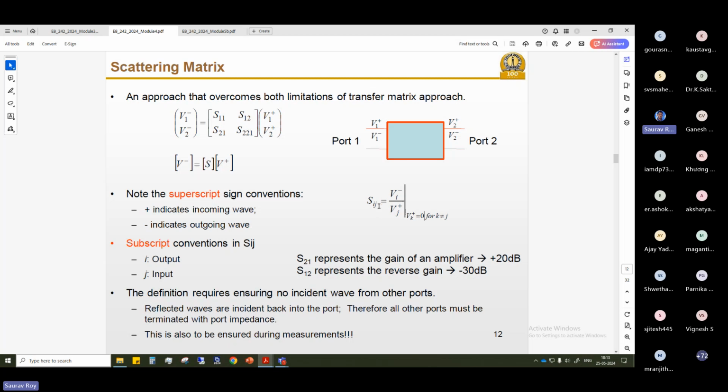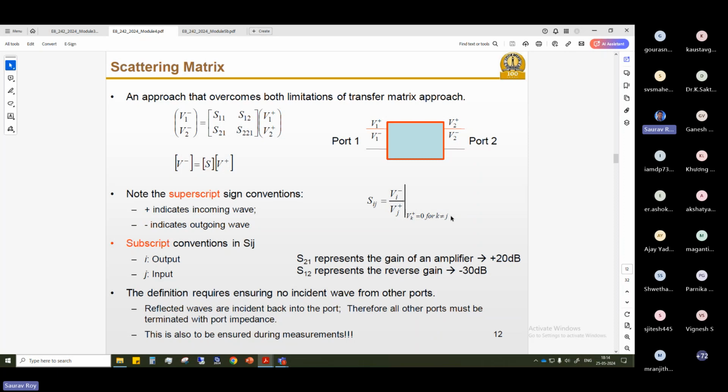The order is very important. I comes first, which is the reflected wave at that port, and J is the second port, the incident one. So for S21 we get the reflected voltage at port 2, given the incident voltage at port 1. That is S21.